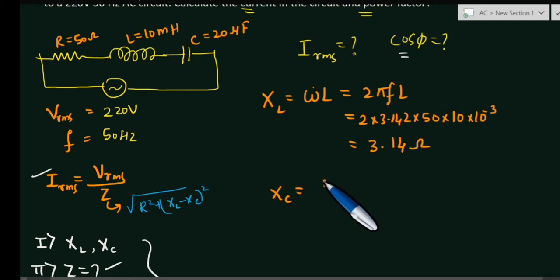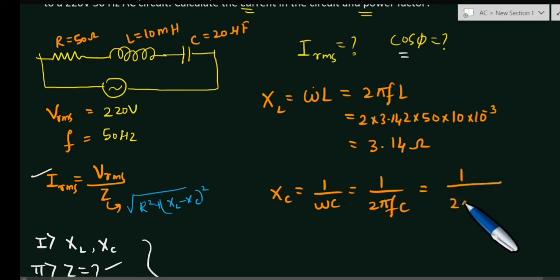Next we can calculate the value of XC. XC is equal to 1 divided by omega C, which is 1 divided by 2 pi F into C. Substituting all the values, 2 into 3.142 into F, which is 50 hertz, into C, which is 20 microfarad, that is 20 into 10 to the power minus 6.